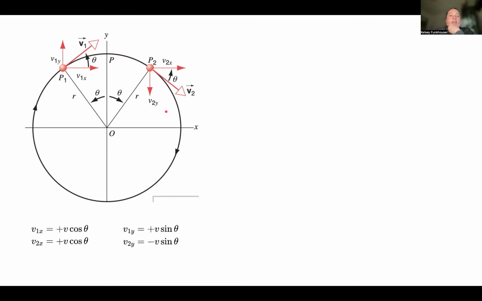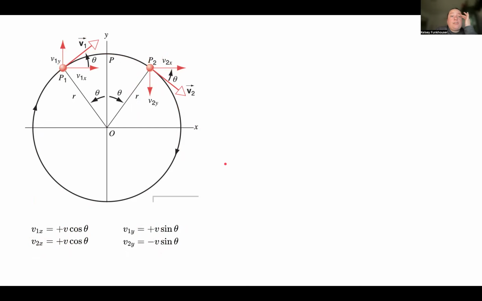We can also see that the x and y components of the velocity at these two points are given by, just like with projectile motion, breaking it up based on the angle. The velocity in the x direction is, for both of them, v cosine theta. That makes sense, they're both pointing in the same direction. In the y direction, it's either positive or negative v sine theta, and that also makes sense because they're pointing in opposite directions.